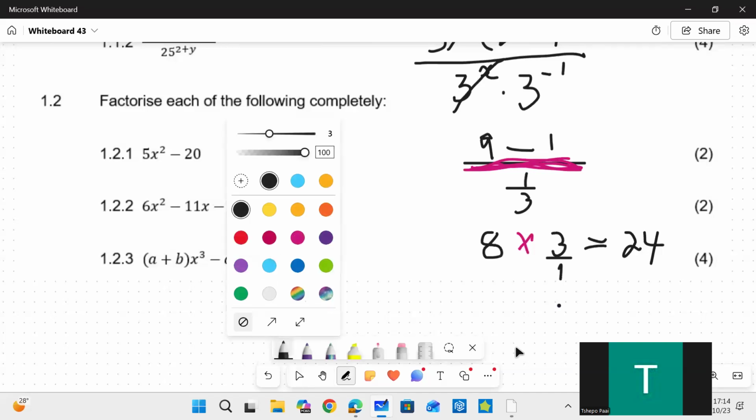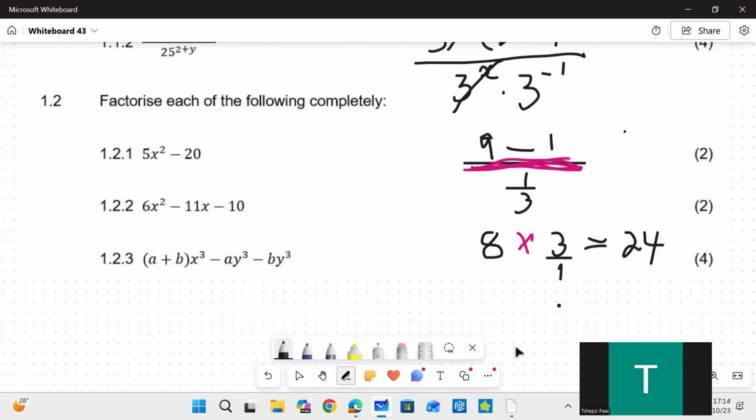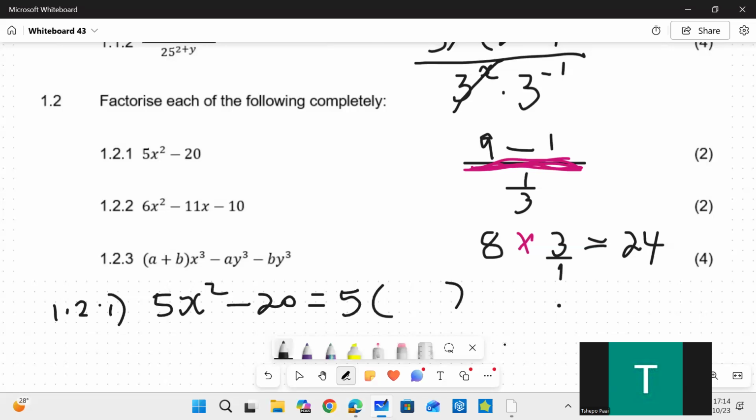Now, looking at question 1.2.1, you are given 5x squared minus 20. You take out the common factor, which is 5. Take out 5 as a common factor. What will be left inside the bracket is x squared minus 4.